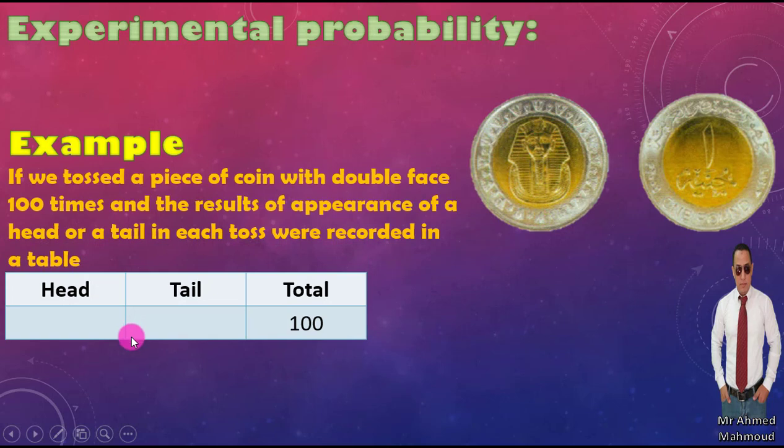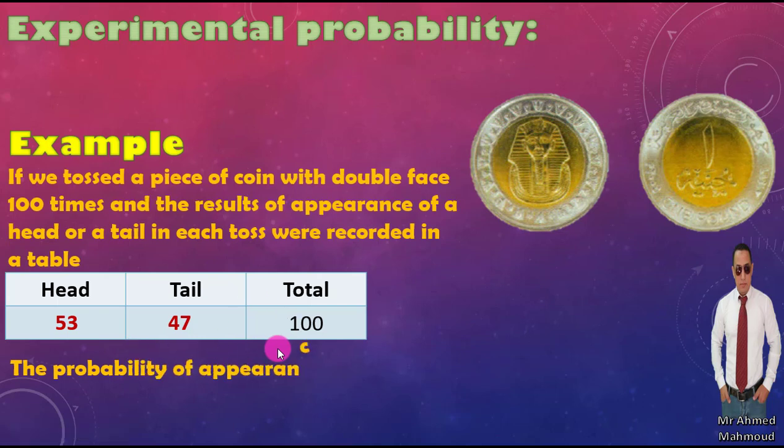The head was 53 times and the tail was 47 times, and the total number of times was 100. Now if I need to evaluate the probability of appearance of a head, it is equal to what?